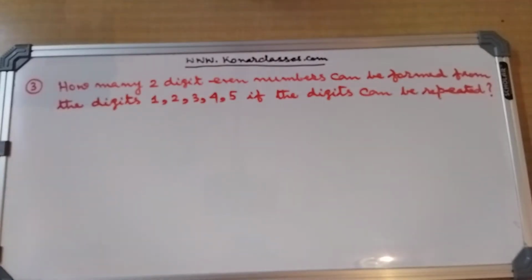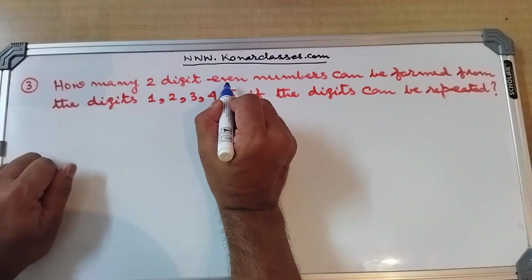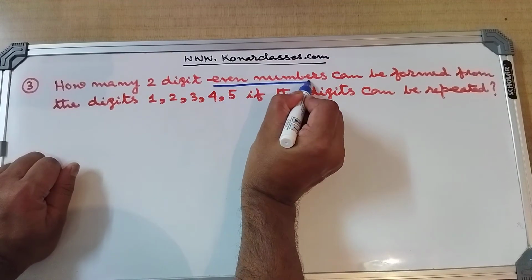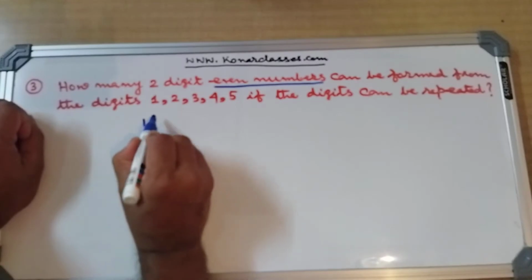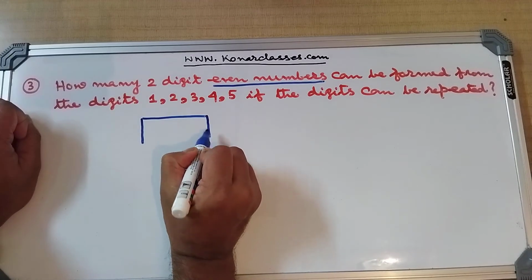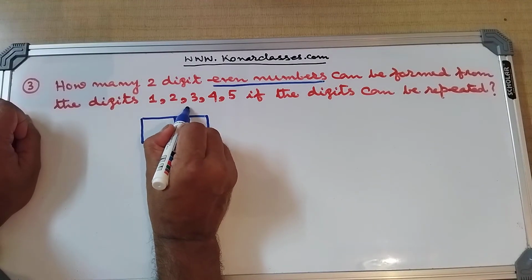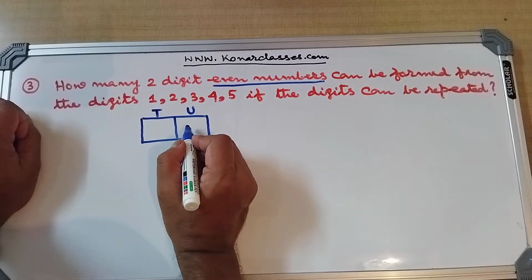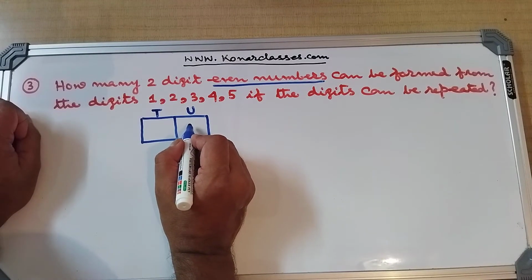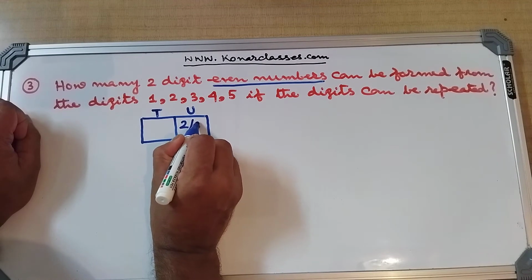Now, there are a few important points here in this question. The first important point is that we need to form 2-digit even numbers. The moment it is a 2-digit even number, let us make 2 places because of the 2 digits. So this is the units place and this is the tens place, right? Now as it is an even number, the units place can be filled in either by 2 or by 4.